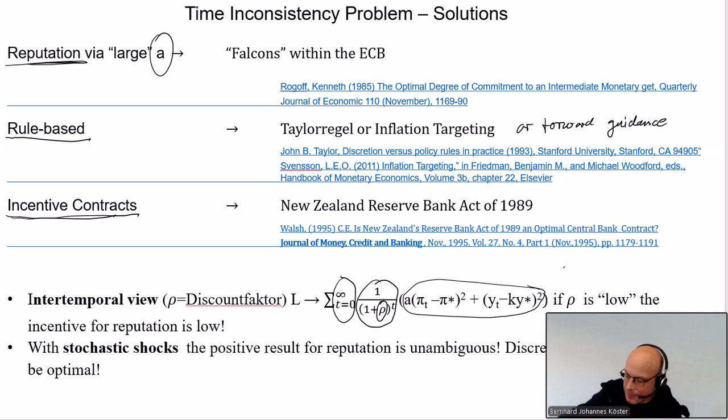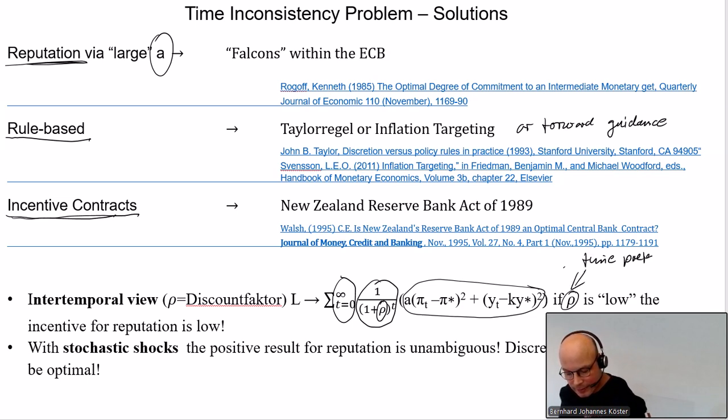And this is then something like the time preference. If this is a low number, then this discount factor is roughly in the neighborhood of 1.